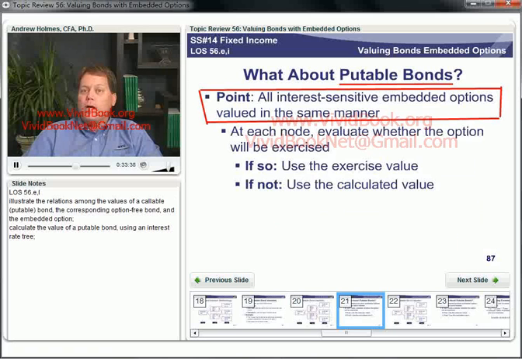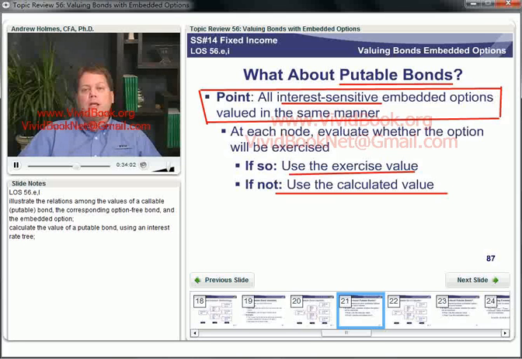Here, of course, we're talking about interest rate sensitive embedded options. We're going to change that in a little while. If the option will be exercised, you use the exercise price. If it's not, then you just use the calculated price, just like when we were valuing the bonds that did not have embedded options.